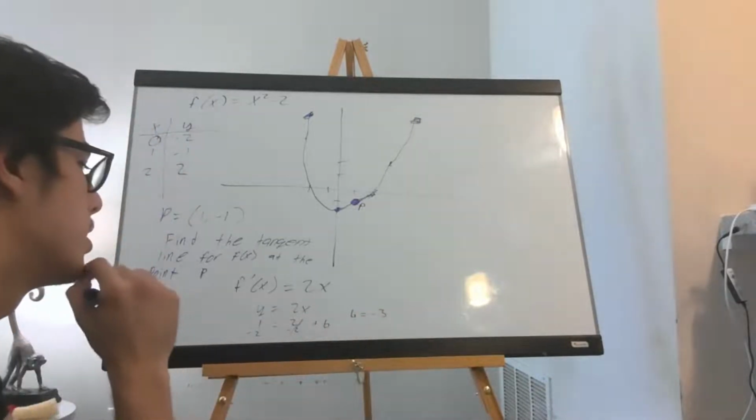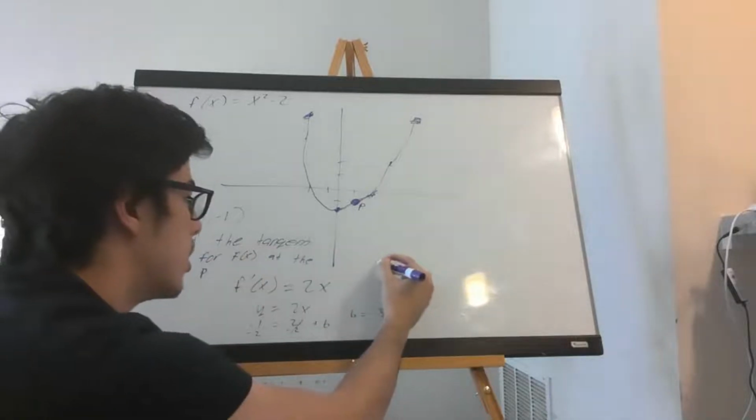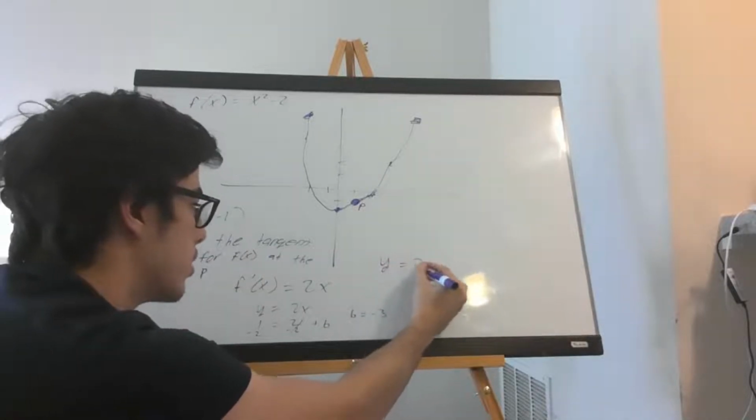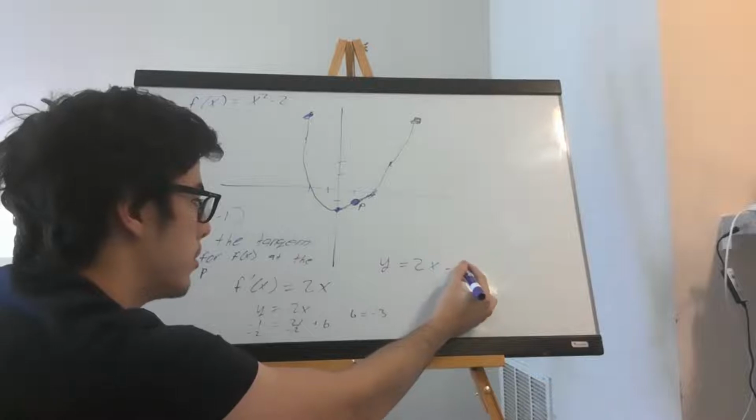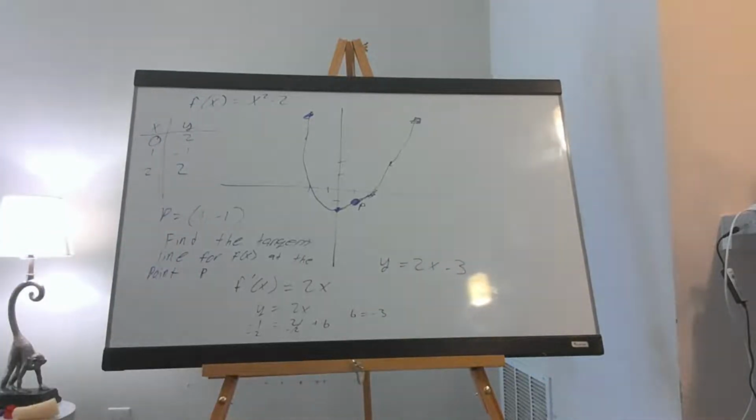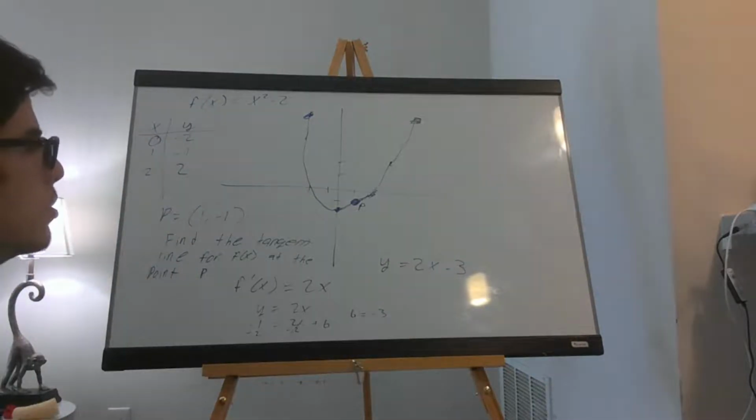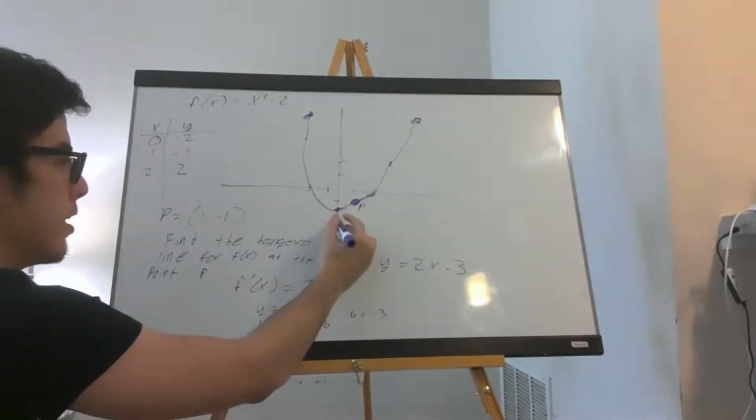So now we're going to get y = 2x - 3. So let's try that. Let's graph that one.